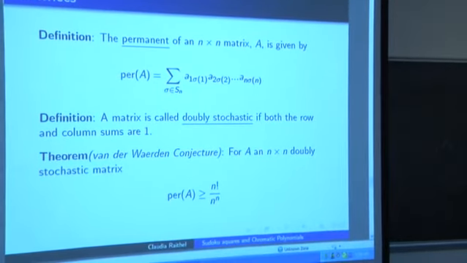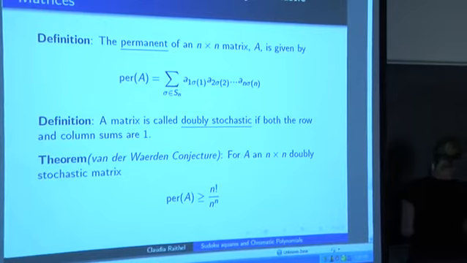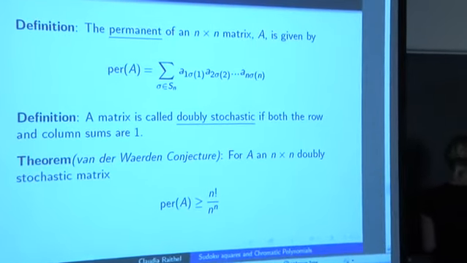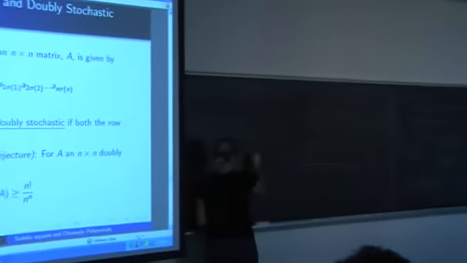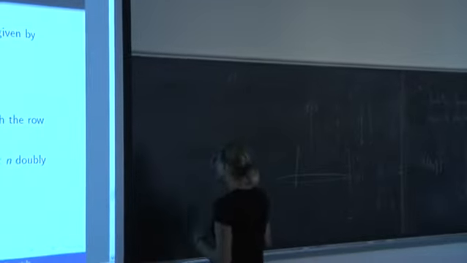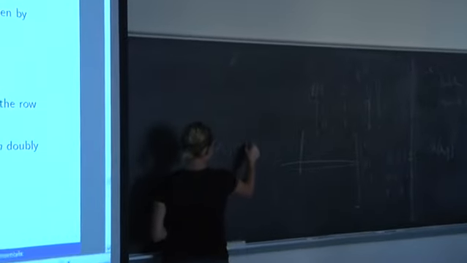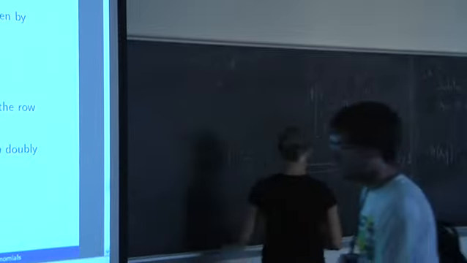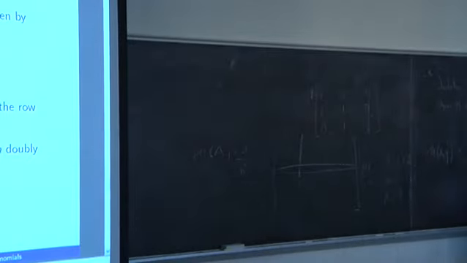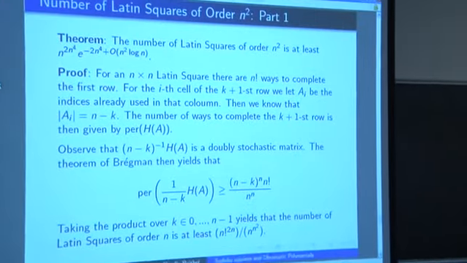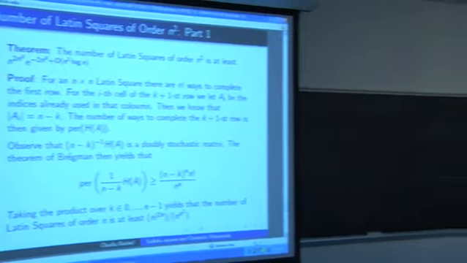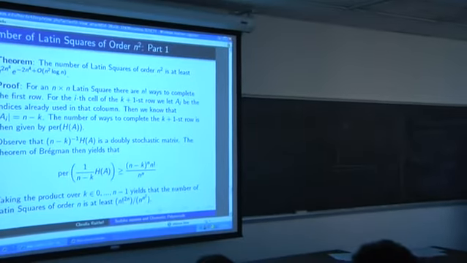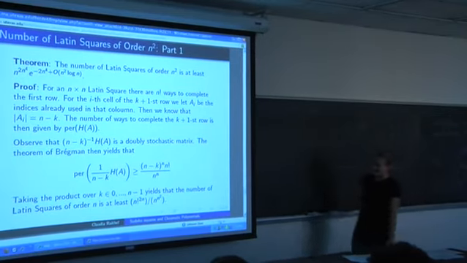So according to Hall's theorem, we know that the permanent of a doubly stochastic matrix is greater than or equal to n factorial over n to the n. And because the Hall matrix that we have is doubly stochastic once we multiply by this prefactor, we get this inequality.